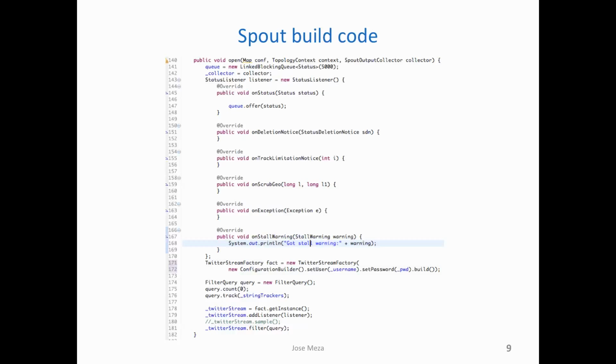Here you see the code for the spout. Using the Twitter4j API, I create a stream connection to Twitter. One of the problems that I was facing initially, I was using the sample method to read all the tweets from Twitter. But not enough DJ names were coming up.